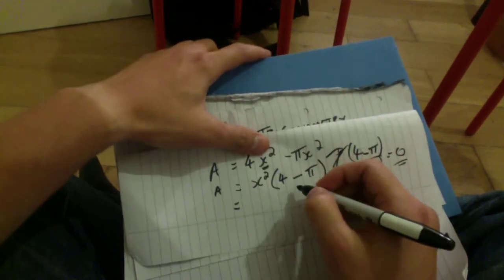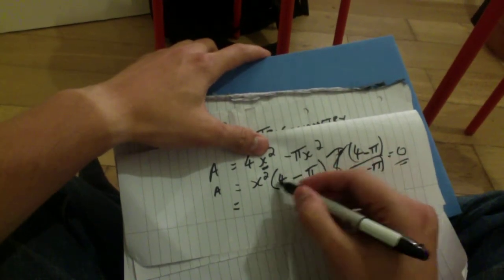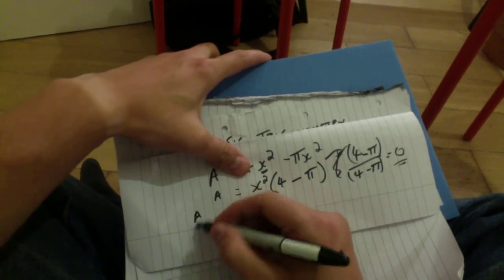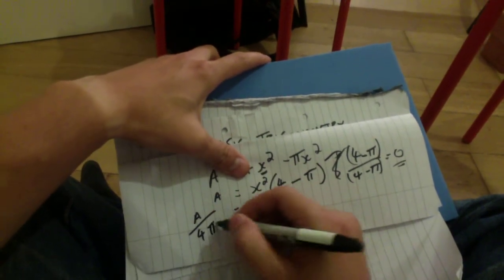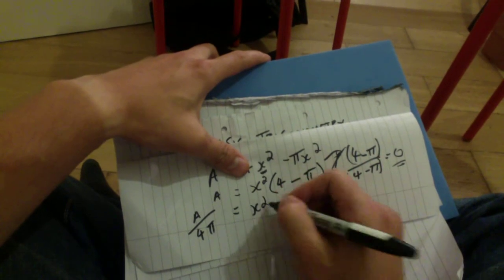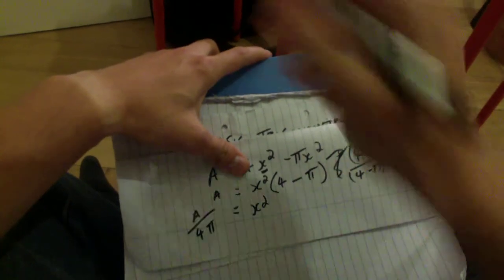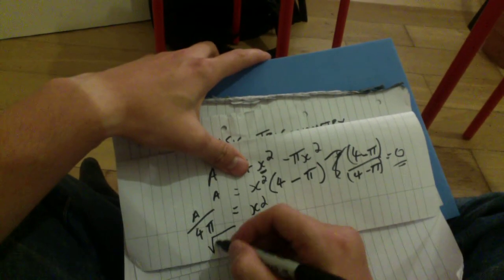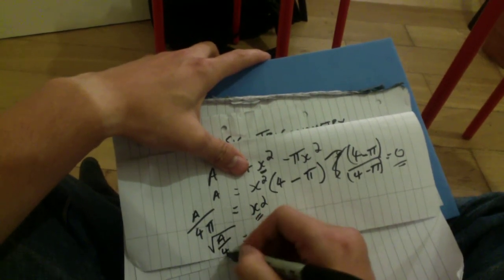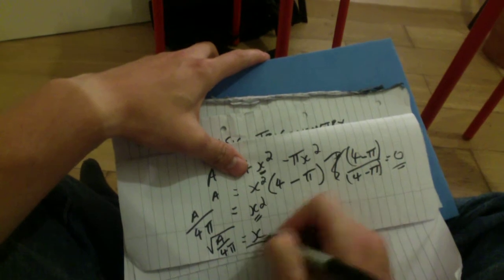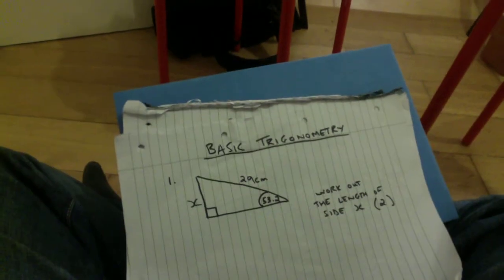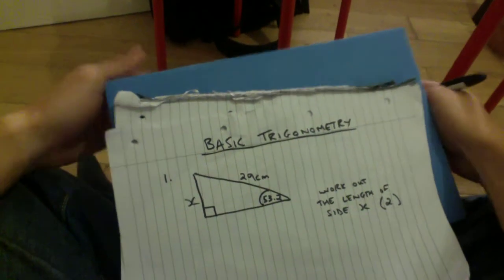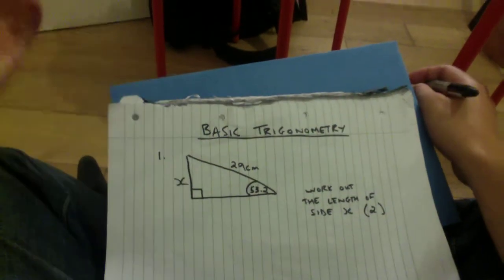Okay, and so you would have got rid of that, but you've got to do the same thing on the other side. Divide by 4t, and all you're left with is x squared. And then if you want to find just the value of x, okay, right, I hope that makes sense. Basically, the reason why we do rearranging the formula is because it's very, very important for basic trigonometry.